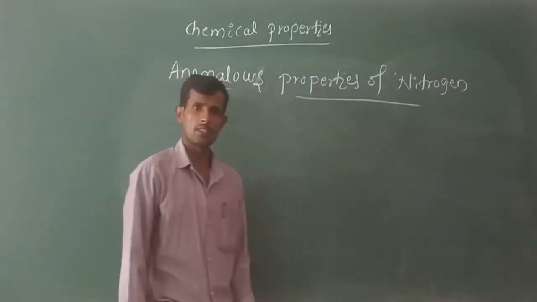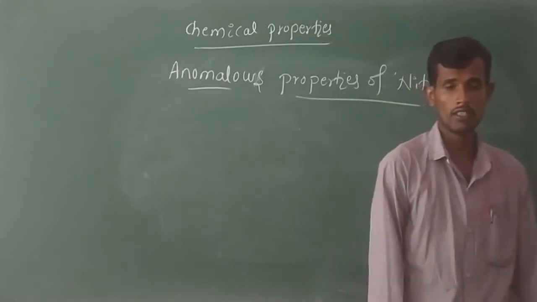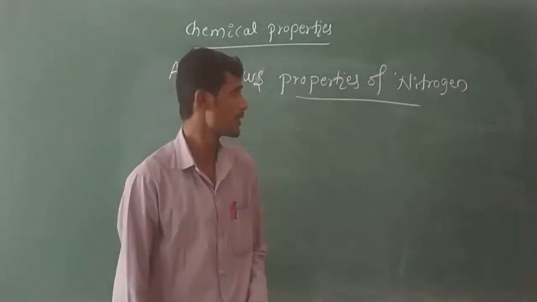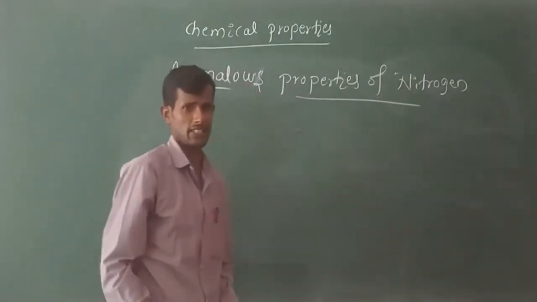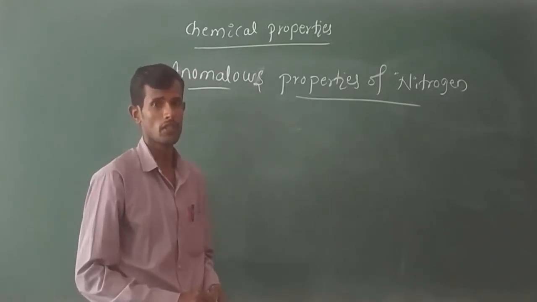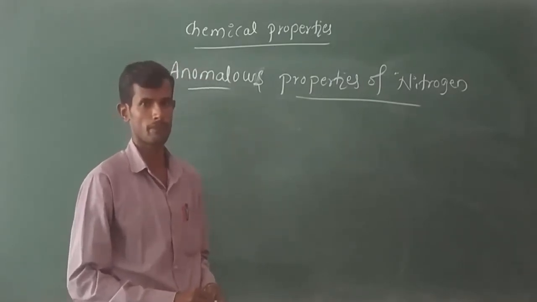You know, the first member of the 15th group elements is nitrogen. This nitrogen has its own properties when you compare it with other elements present in the same group.